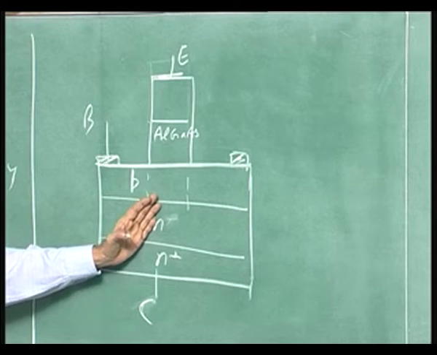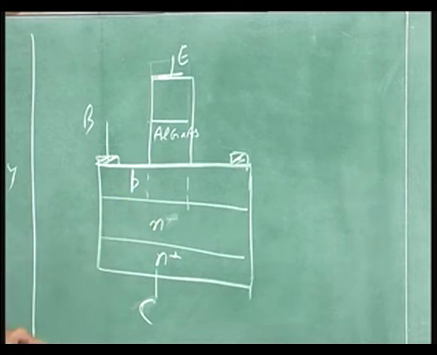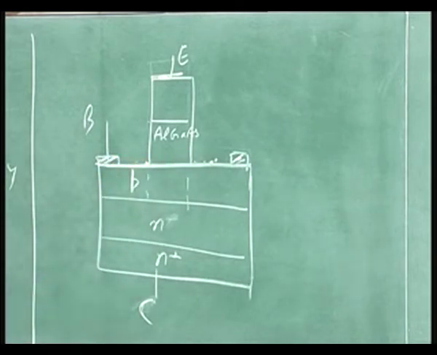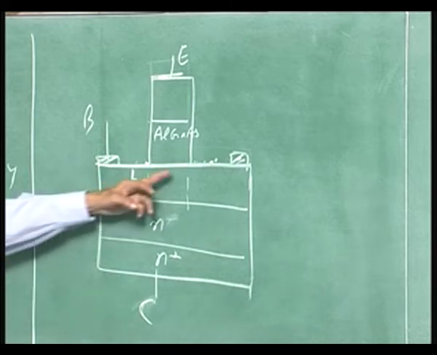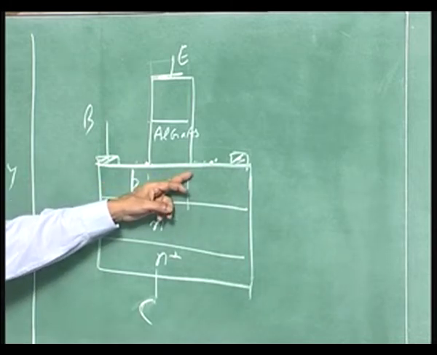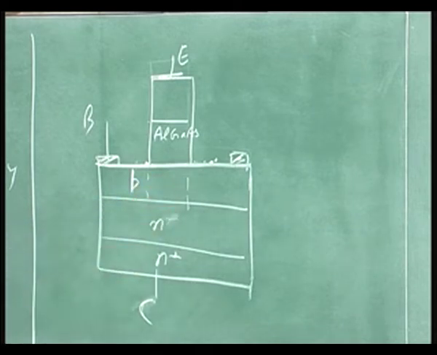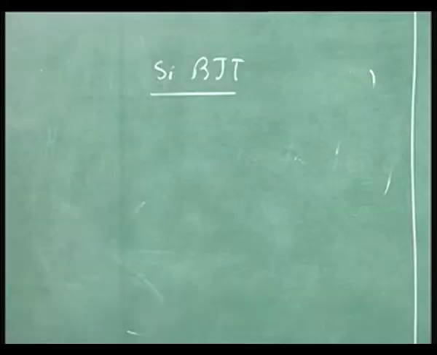But what you will see is that this particular surface is active, in the sense that it is very sensitive, because it is left open like that. There is no oxide. In the case of a silicon BJT, you have an oxide on the surface. So, let us come back to that and see one more diagram for the silicon BJT.